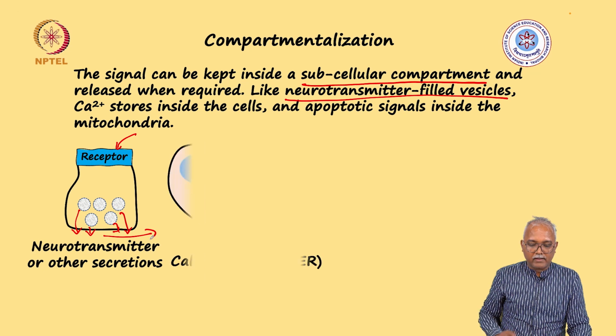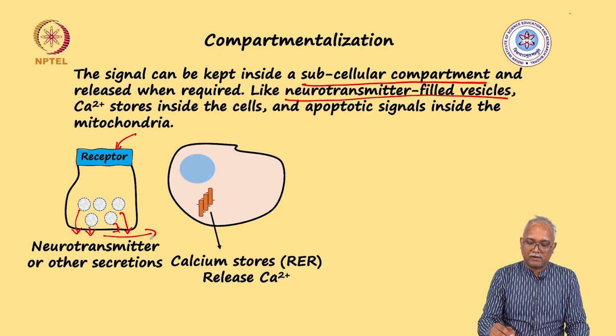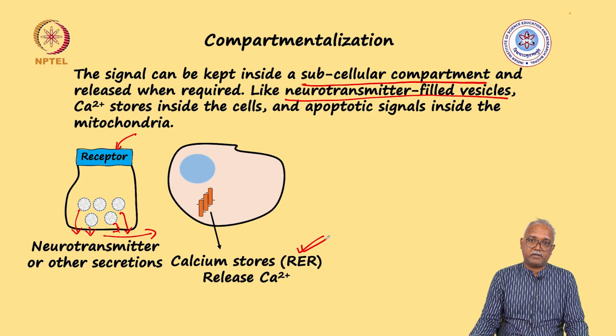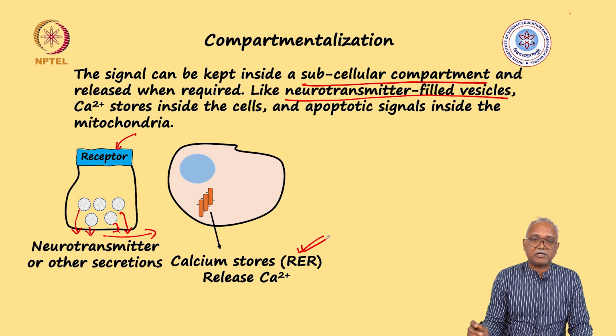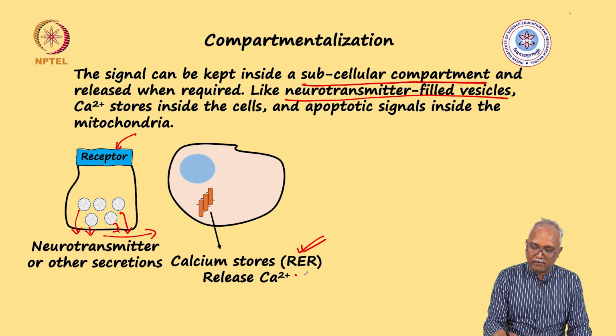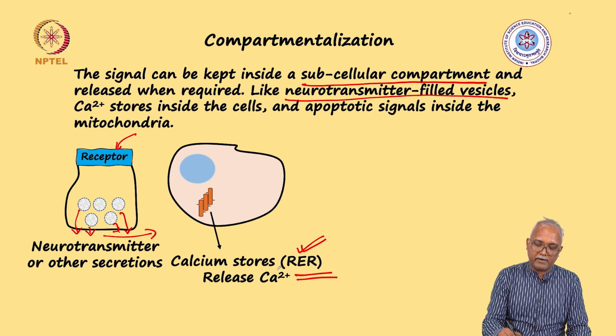Another thing is that inside the cell there are calcium stores, the rough endoplasmic reticulum. Calcium is a very important divalent cation which is used in many regulatory processes, including enzyme activation and functioning as a cofactor at many places. So this calcium is stored in the rough endoplasmic reticulum. When there is a need for calcium, it will be released.